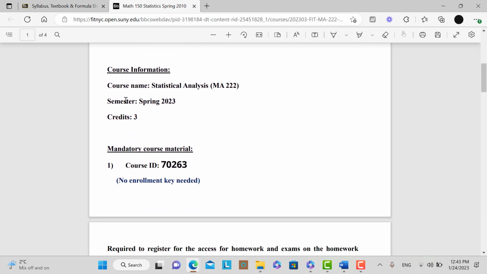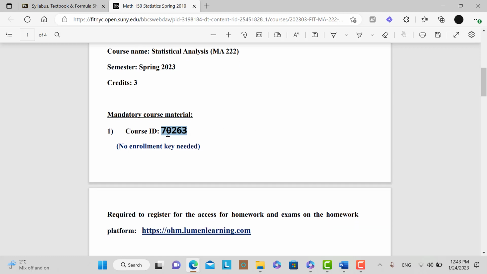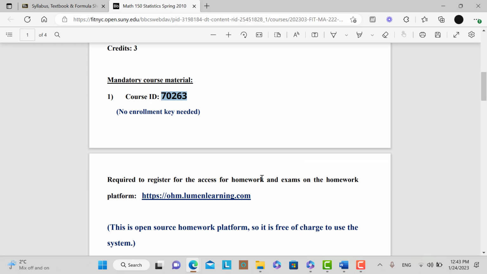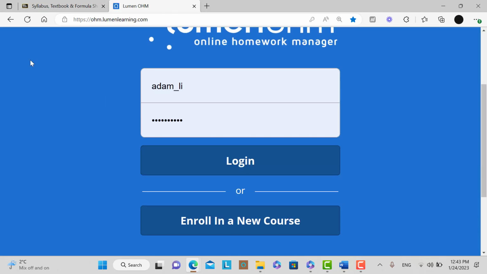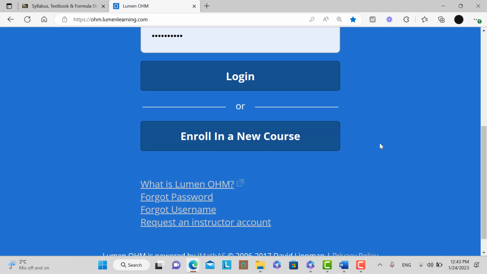And also, this is a 3 credit course, and also the course ID. That's one of the important things, right? So I want you to copy this course ID, and then go to this website below it, and that's our Lumen online platform. Click on it, it will take us to the Lumen homework system.